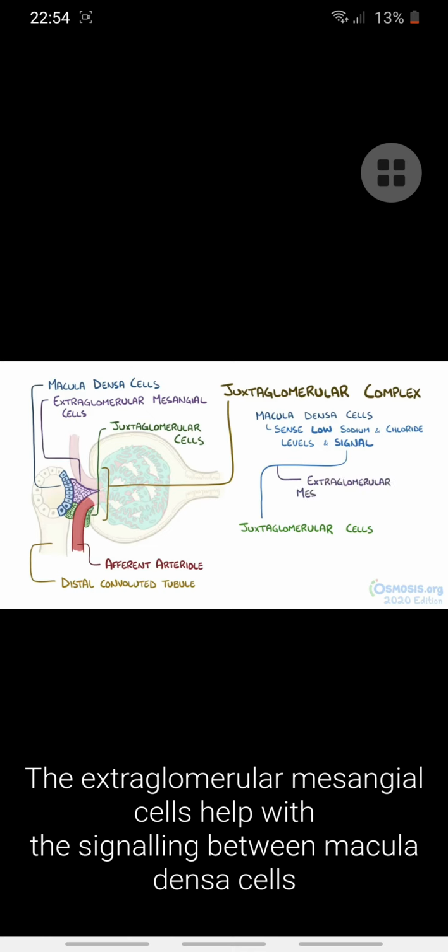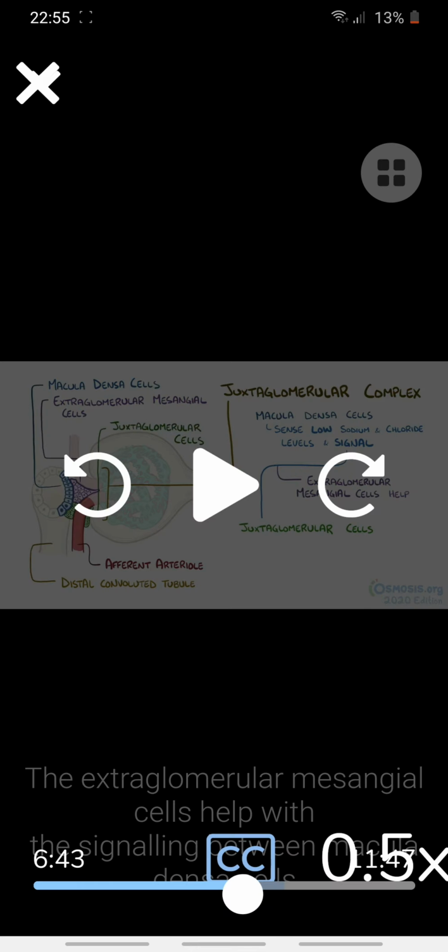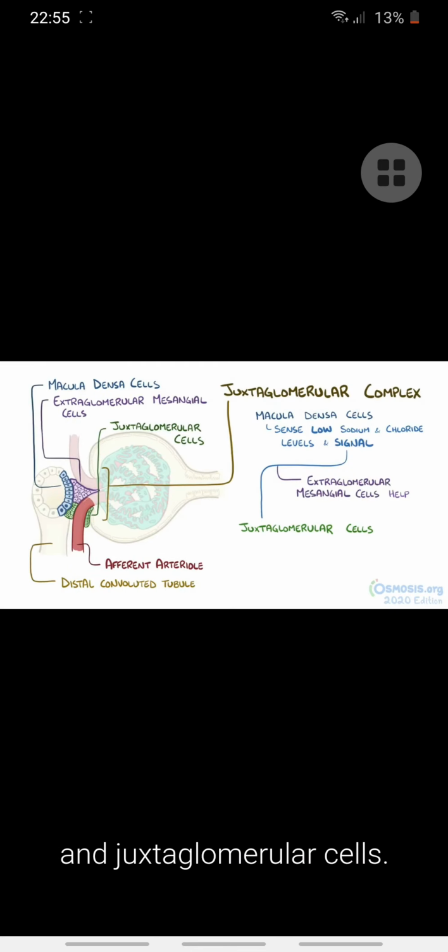The extraglomerular mesangial cells help with the signaling between macula densa cells and juxtaglomerular cells.